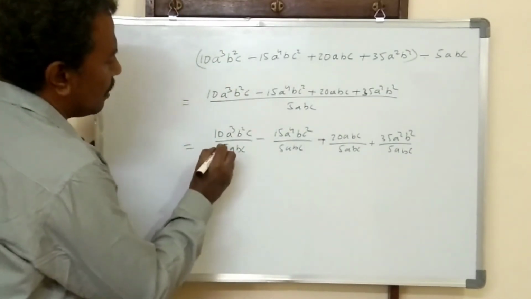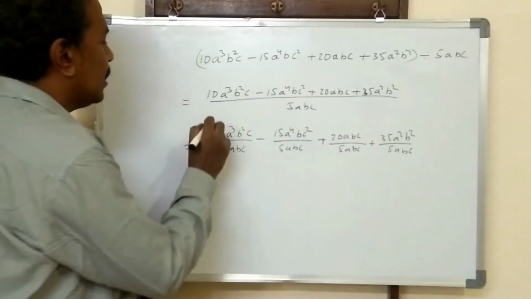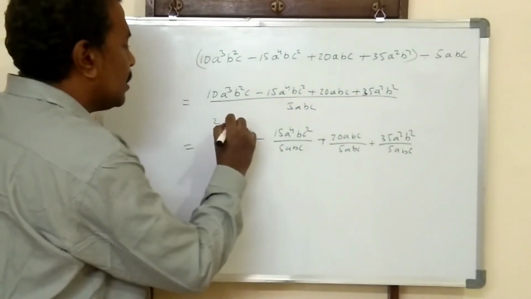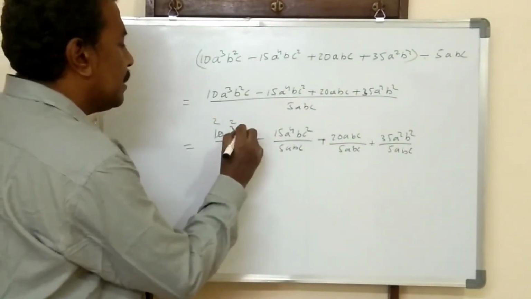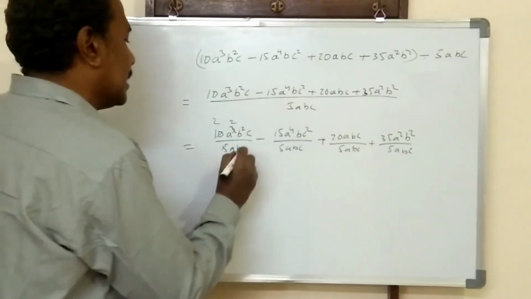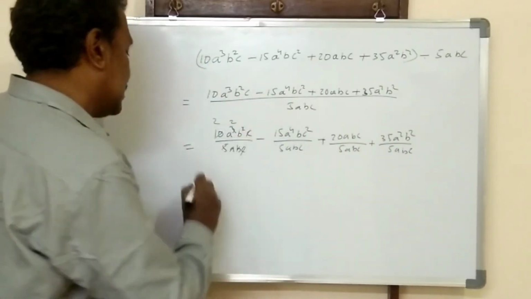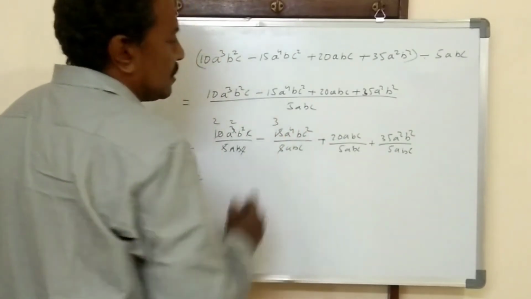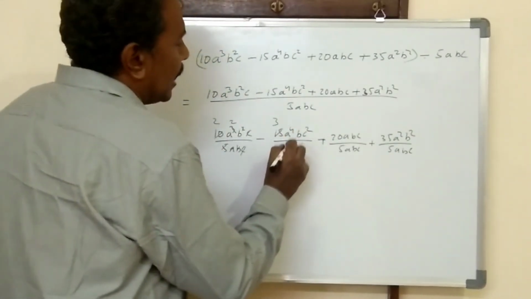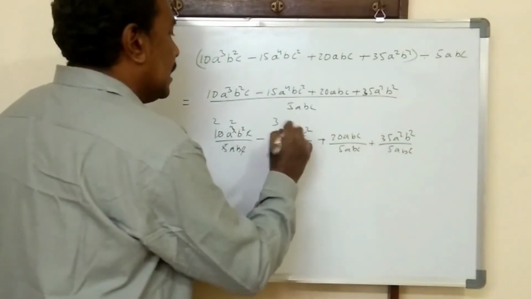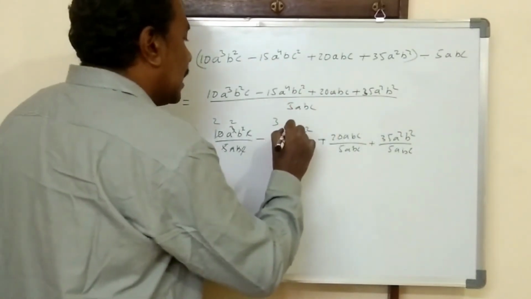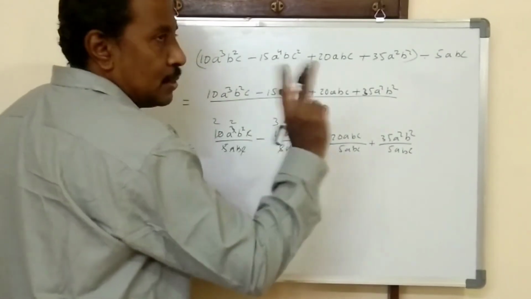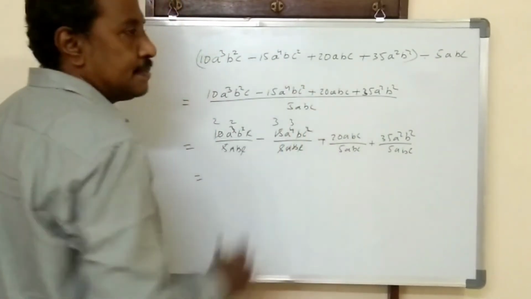Here 5 cancels 10, 5 2s are 10. A cube, the remaining power is 2. B square, only one b will be cancelled. C will be cancelled. Here 5 cancels 15, 3 times. A power 4, 1 a will be cancelled, the remaining power is 3. B cancelled, c square, 1 c will be cancelled.